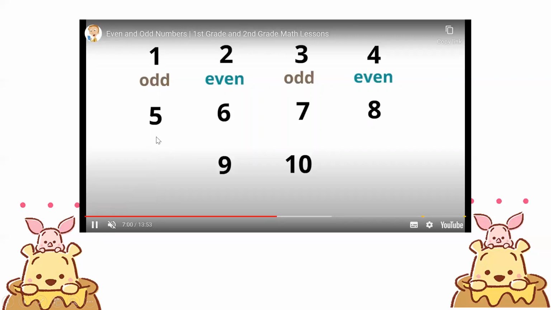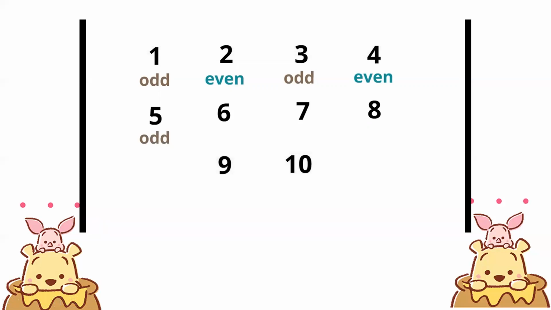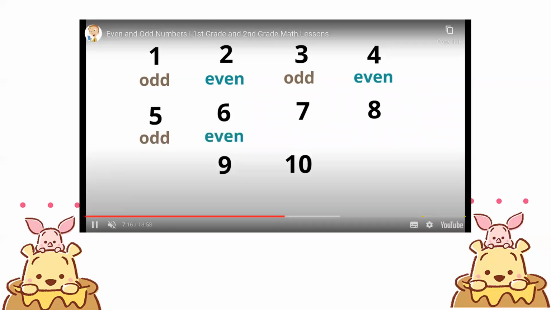Look here. The number 4 is even, then the number 5 must be odd. If the number 5 is odd, then number 6 must be even. Look at the pattern: odd, even, odd, even, odd, even, odd, and then even.